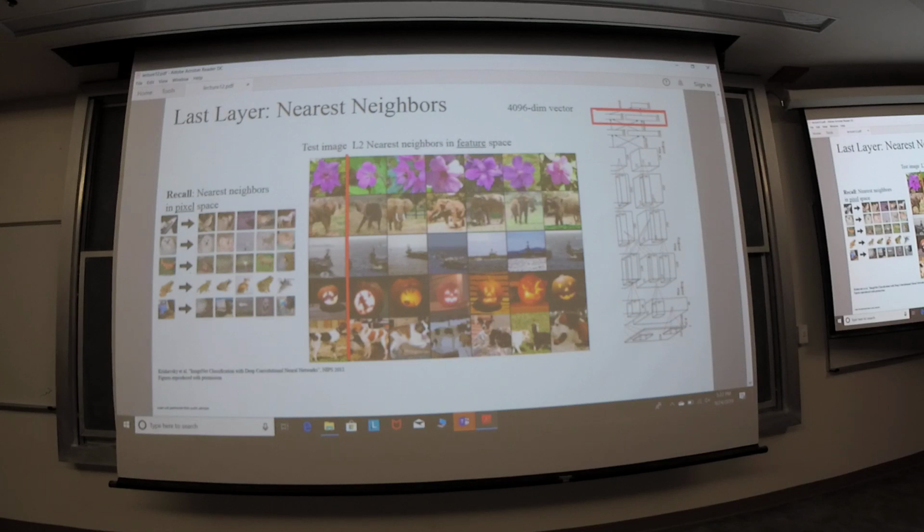So it basically shows that while we compute the distance in the pixel space, it doesn't really take into account the semantics in the image, but when we take the difference in the feature space, it does take into account the semantic information and finds out which of the images are really closest to the test image.